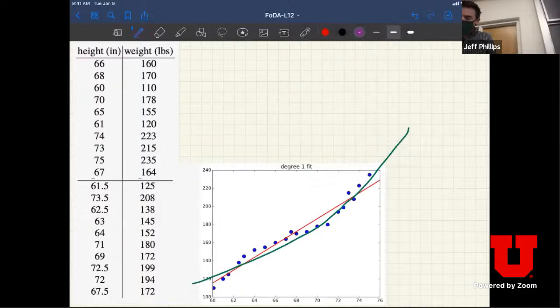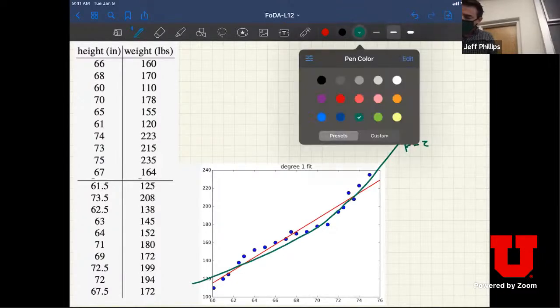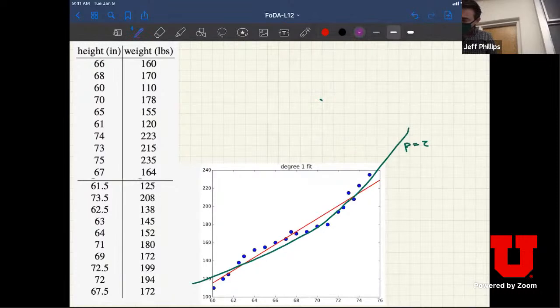This one was with p equals 2. If I get a cubic model, and we'll actually run these in Python in a couple minutes, this one is allowed to go up and flatten out, and then I'm allowed to do this.